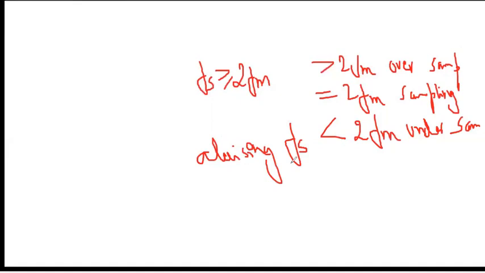It means the higher frequency appears in the lower frequency and the lower frequency appears in the higher frequency. There is overlapping in aliasing.